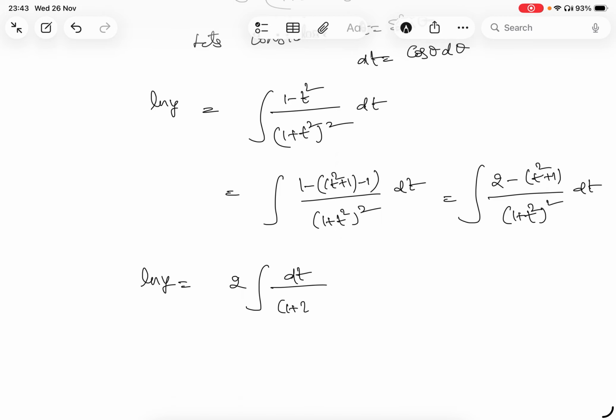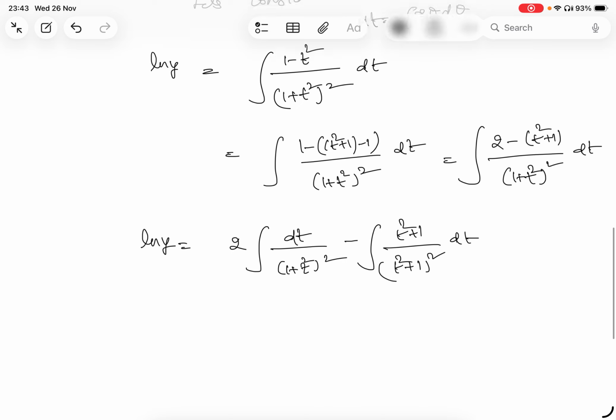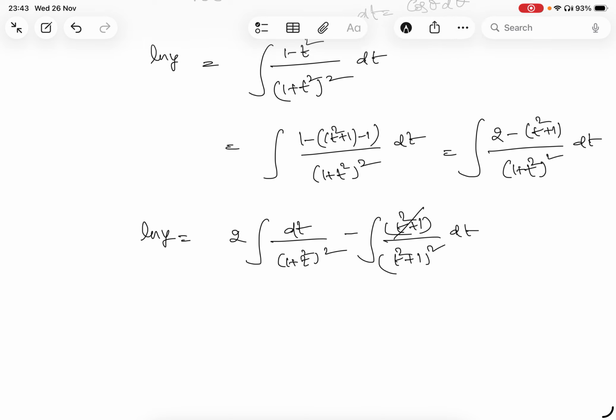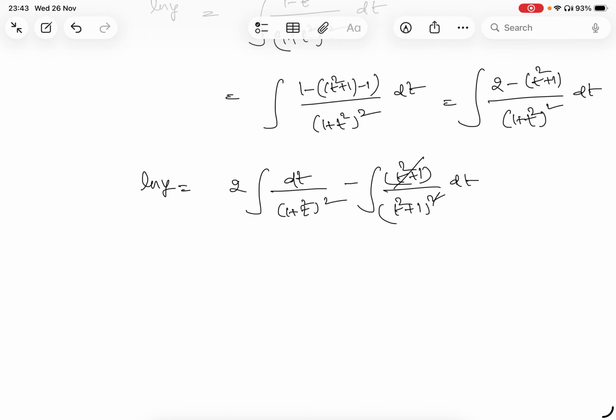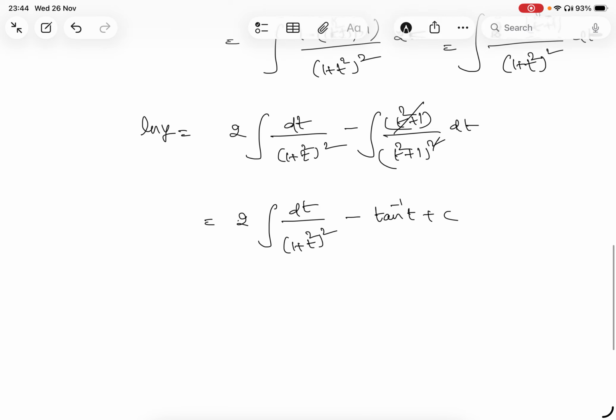Now this ln y is 2 times the integral of dt by (1 plus t square) whole square minus integral of (t square plus 1) by (t square plus 1) whole square dt. Fine. One of these terms will get cancelled. Now you are left with 2 into integral of dt by (1 plus t square) whole square minus, this is tan inverse t, right? Tan inverse t plus c. Right.